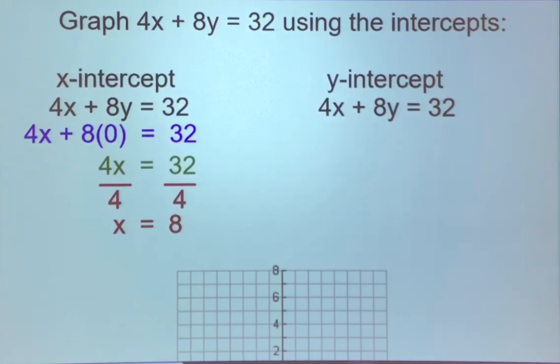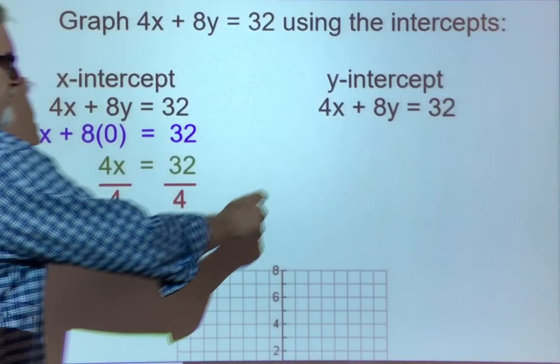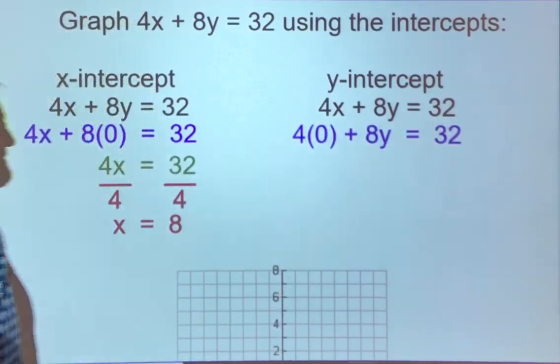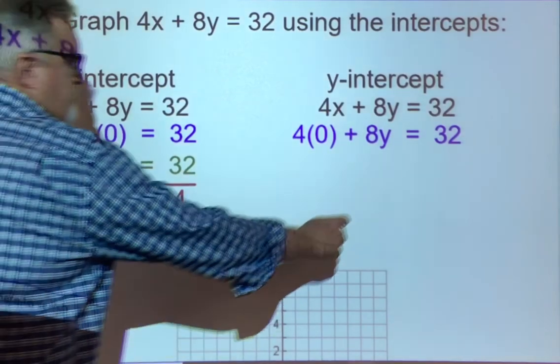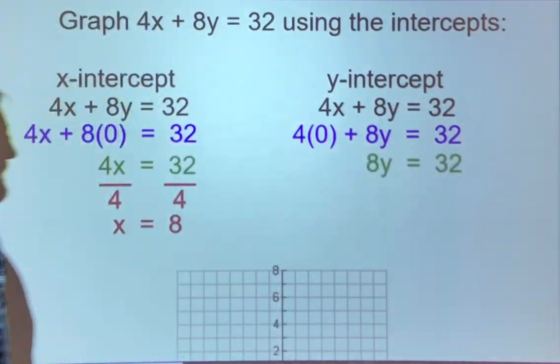Let's do the same thing, but this time we're looking for the y-intercept. So what are we going to make 0? Exactly, we're going to make the x 0. So let's simplify that. 4 times 0 is 0. 0 plus 8y is 8y. So after simplifying that, we've got 8y is equal to 32. To isolate y, we need to do the inverse of what they're doing to it.